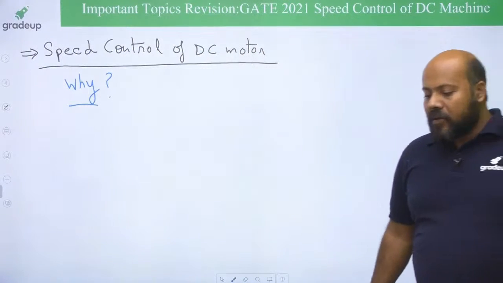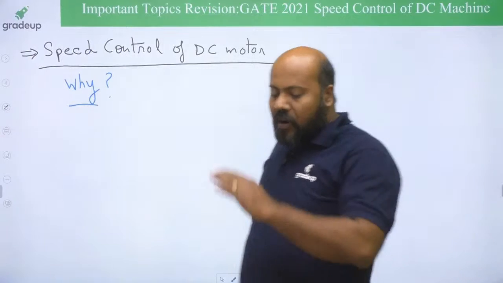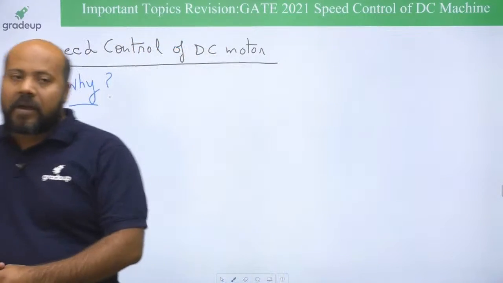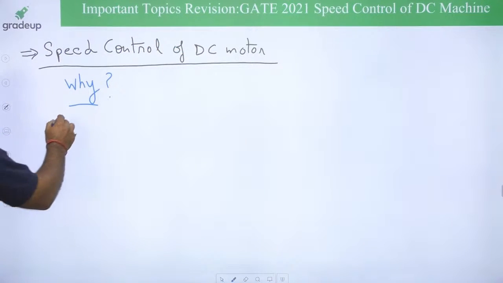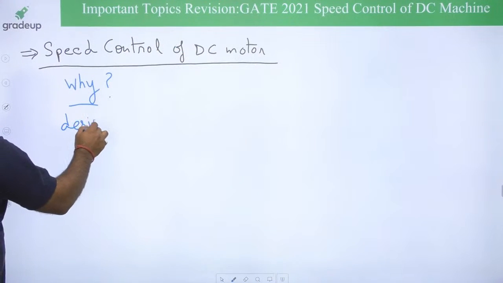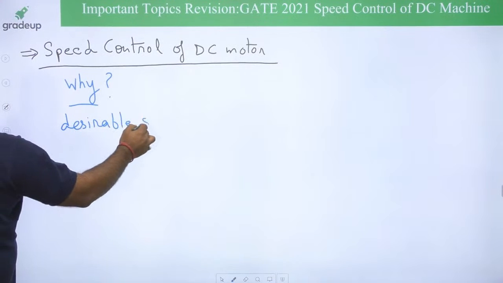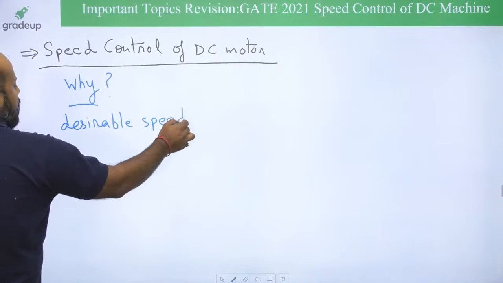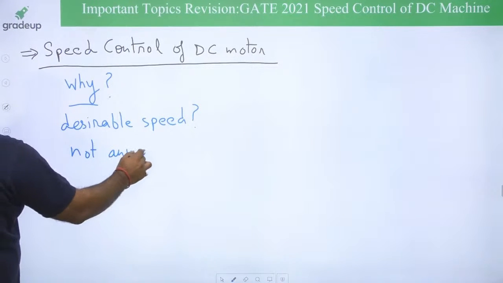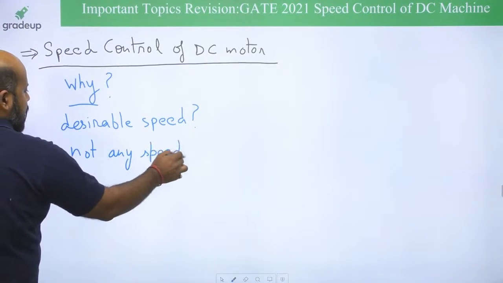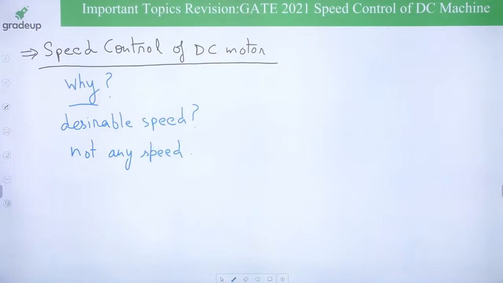You cannot run your motor at any speed. You want a desirable speed of the motor to run a drive by using the motor. The answer is you want the desirable speed, not any speed, and that is the reason you want to control the speed of your motor.